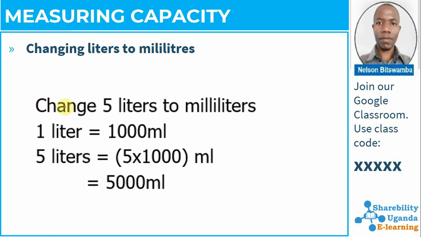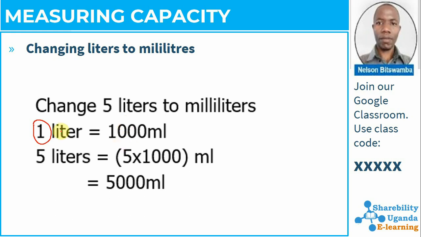So here now we can understand and change this. They are saying change 5 liters to milliliters. Like we have said, 1 liter is the same as 1,000 milliliters. So they want us to change this 5 liters to milliliters. A liter is bigger than a milliliter.